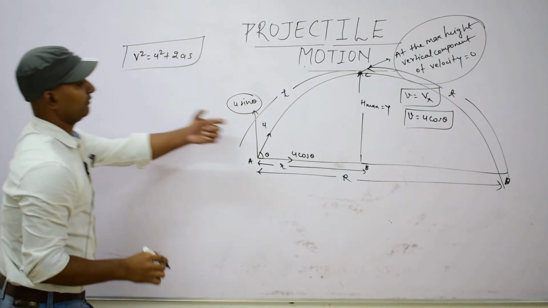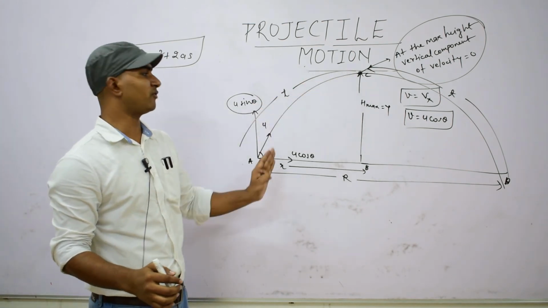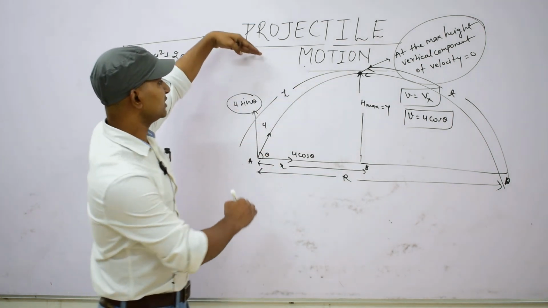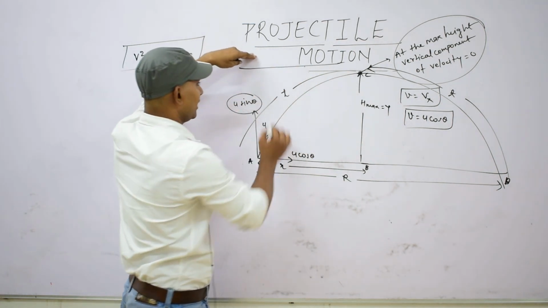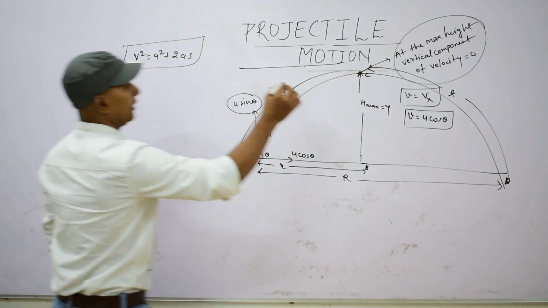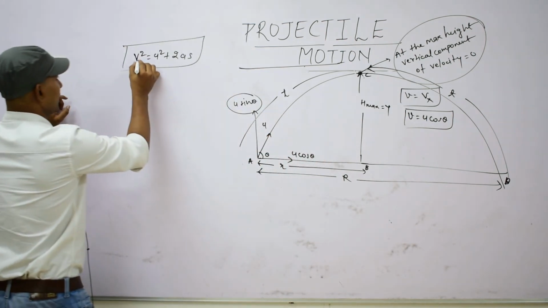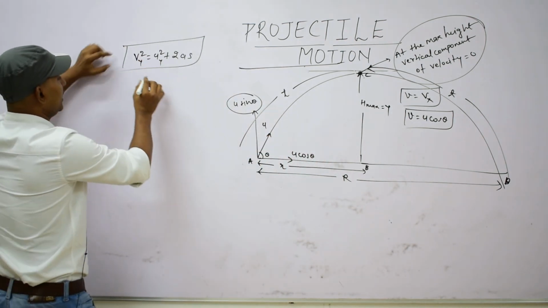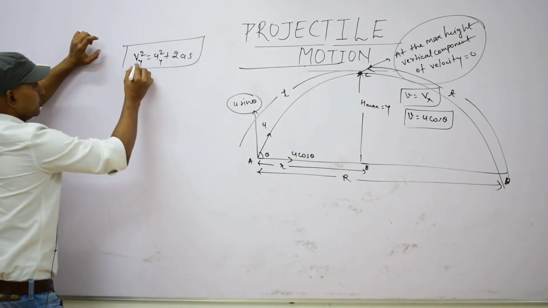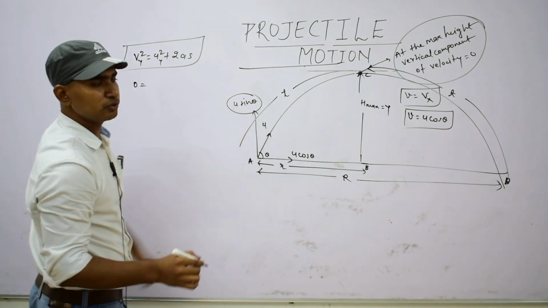If I put the gravitational term and consider the vertical motion from A to C, then what is the vertical displacement? The vertical displacement is equal to h max, and the vertical velocity at point C is what? 0. So Vy will be 0, and in place of Uy I can put u sin theta.